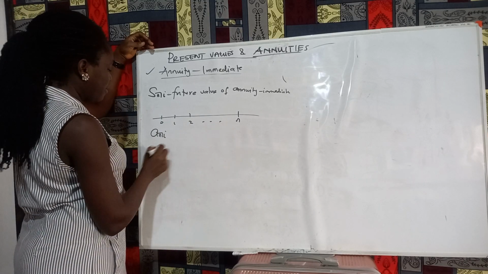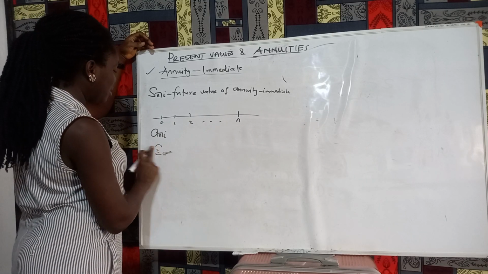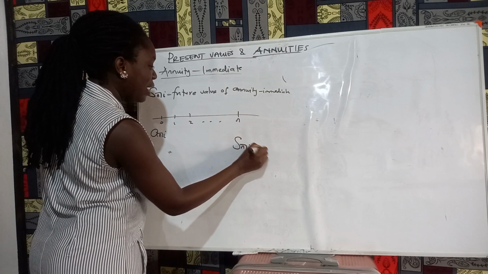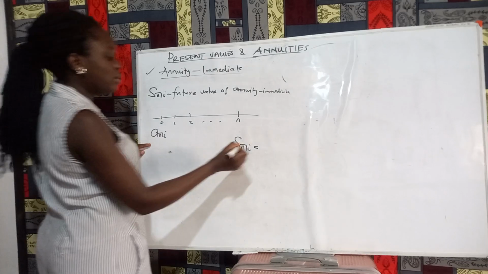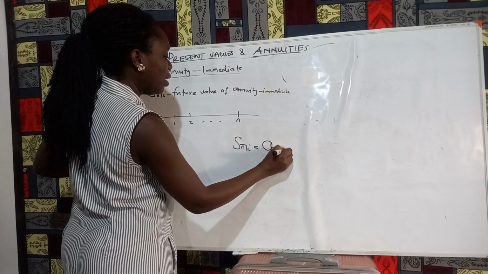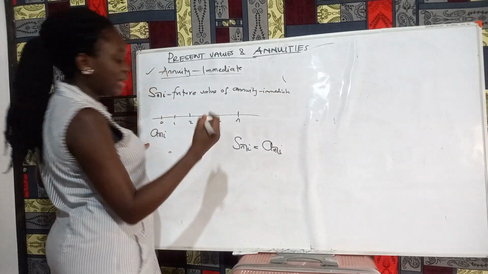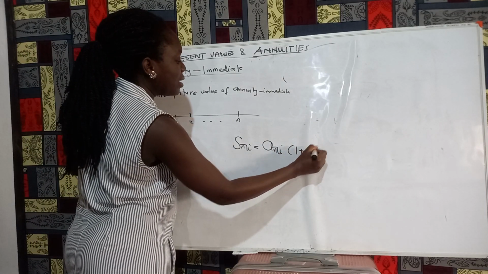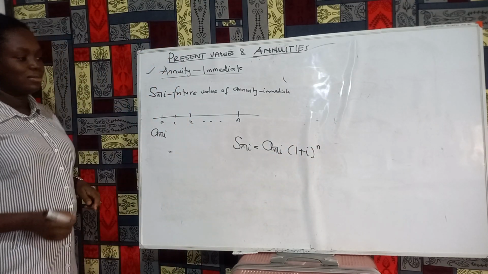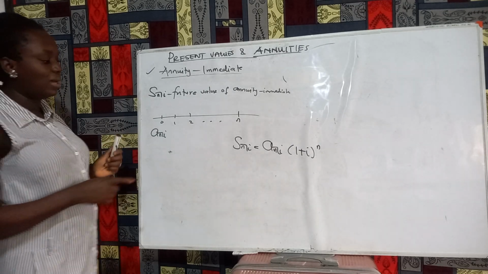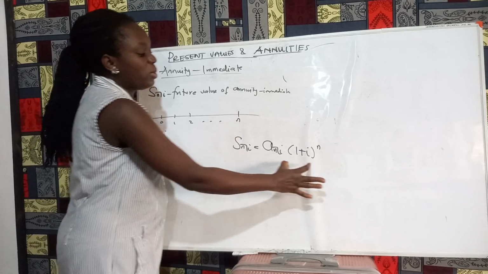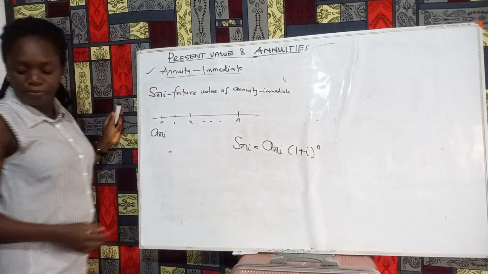So to find the future value S angle n, i, we take A angle n, i and multiply it by the accumulation factor, which is 1 plus i to the power n, because we want to find the value at time n.